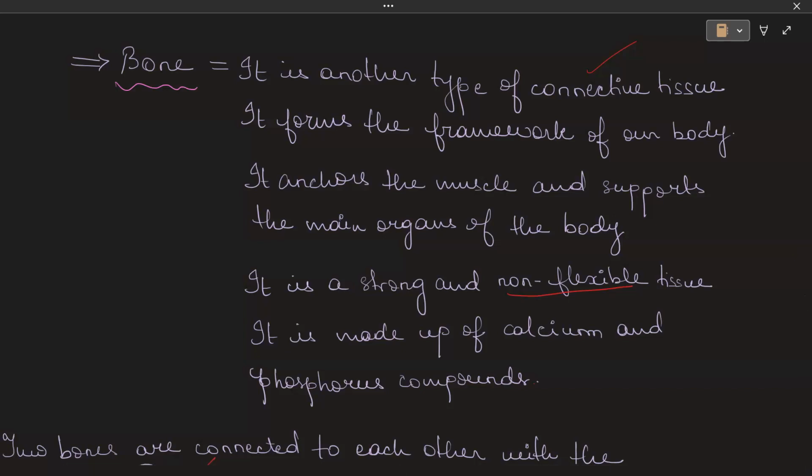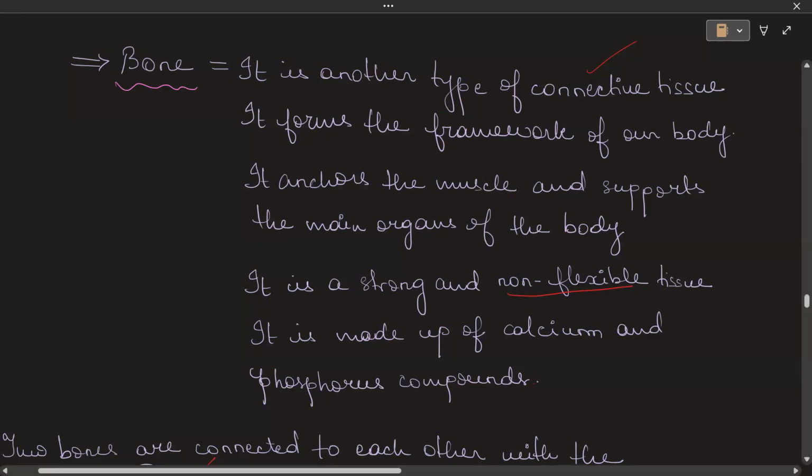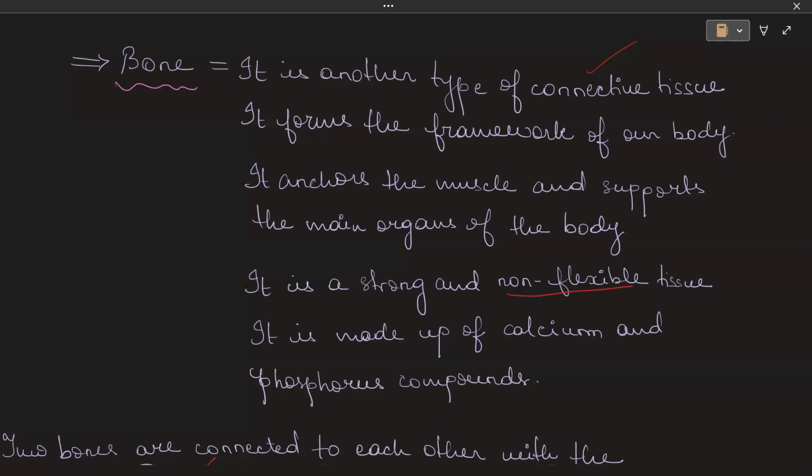Now, apart from forming the framework of our body, the bone anchors the muscle, isn't it? The muscles are attached to the bone. And apart from that, the bones also support the main organs of the body. Now, talking about the bone, it is a strong and non-flexible tissue.